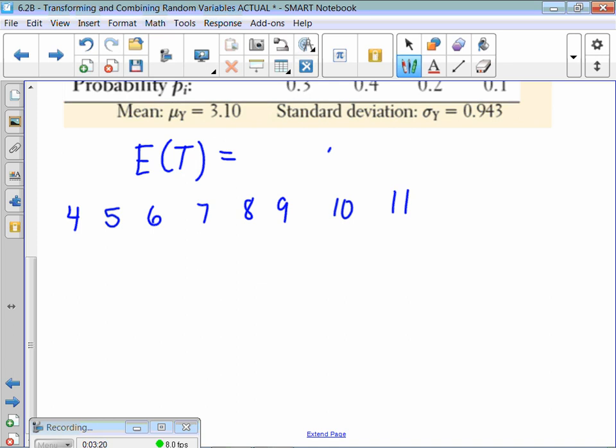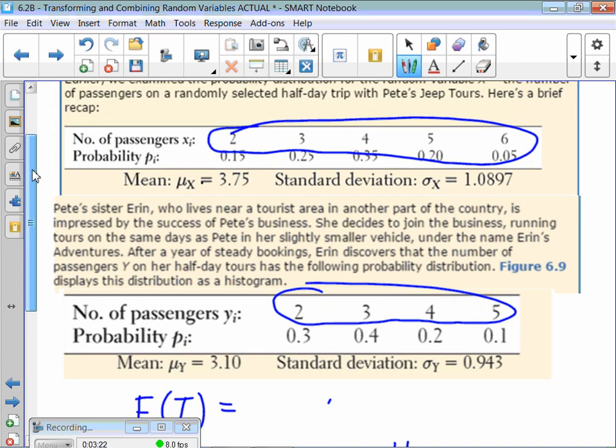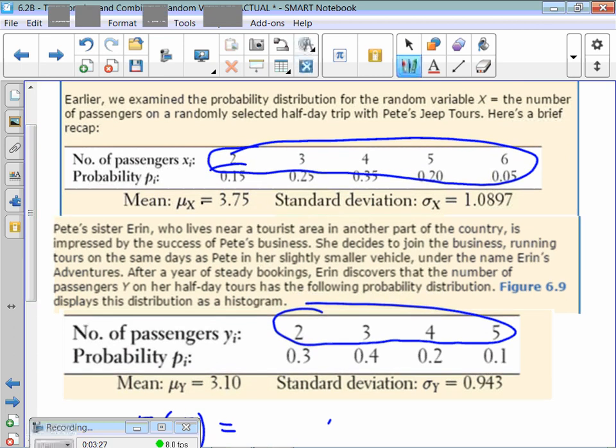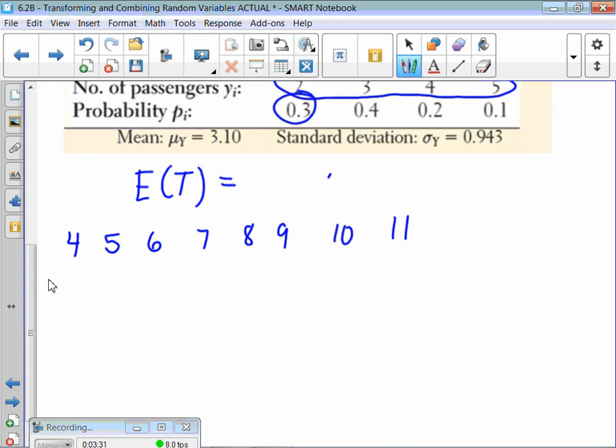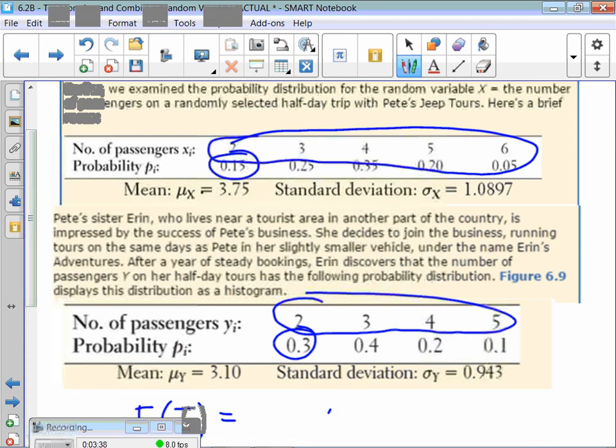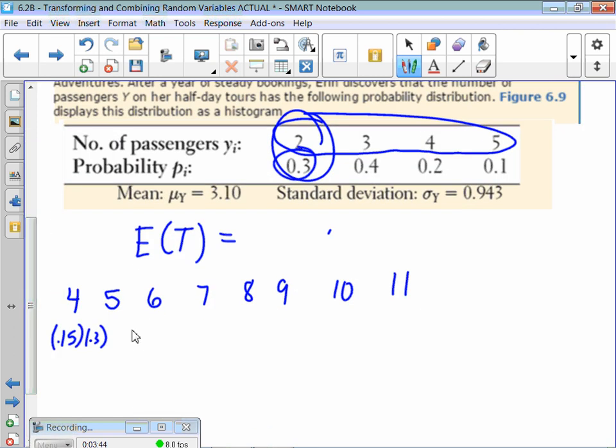And how would we find the probabilities? Well, what's the probability of getting a 2 and a 2? It would be 0.15 times 0.3. And then what's the probability of getting 5? Well, we could have a 3 and a 2, right? That's 0.25 times 0.3.